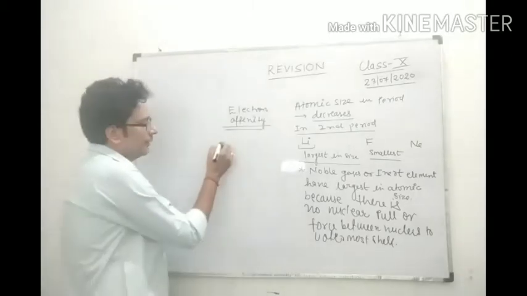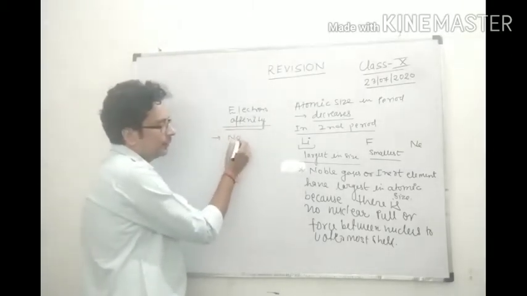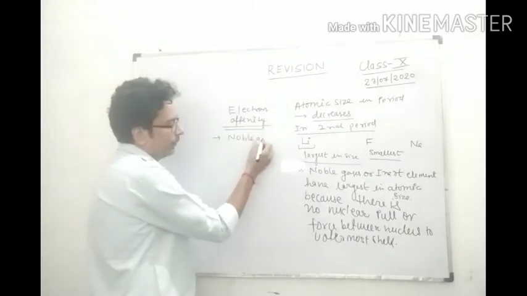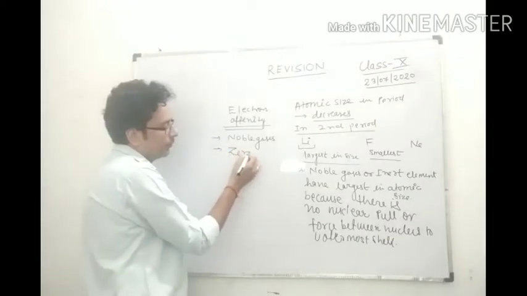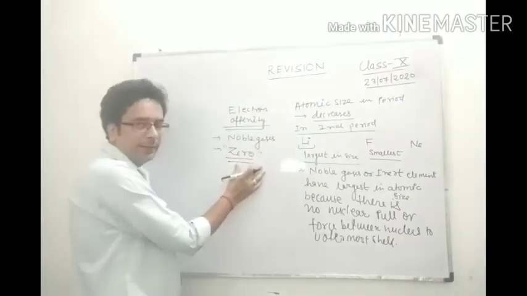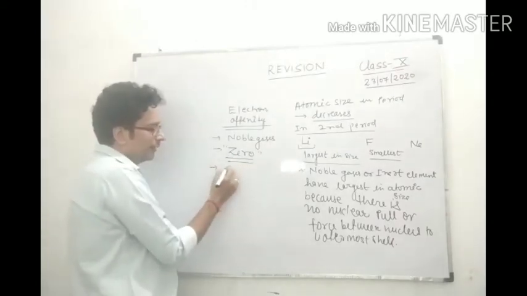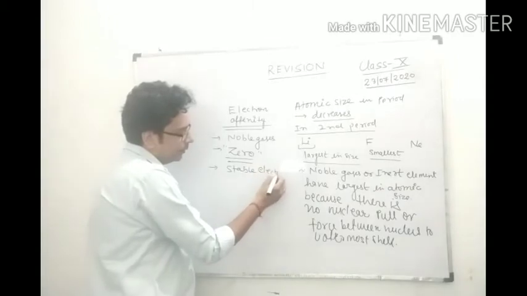Now the electron affinity of noble gases is 0. Why? Because of stable electronic configuration.